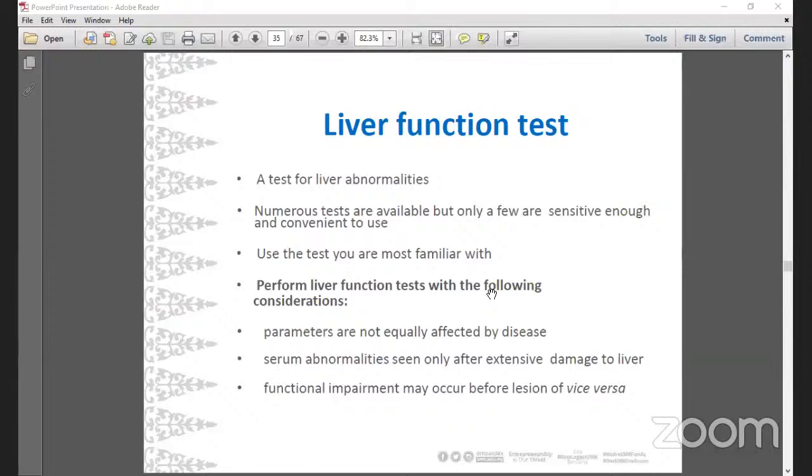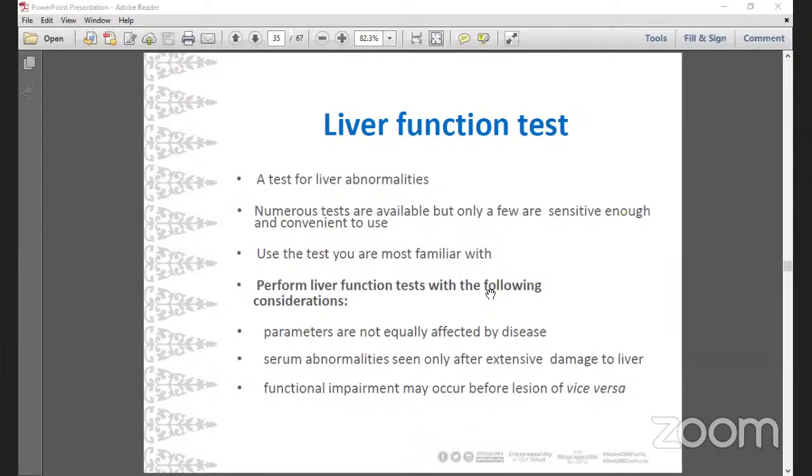And then there are a few considerations we should put in order to perform the liver function test. The first one is the parameters are not equally affected by disease. As I mentioned in the earlier slide, for example, the liver parameters do not indicate a specific liver disease, but only tell us the liver system is affected.